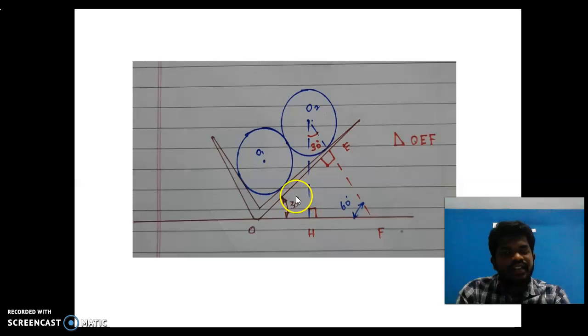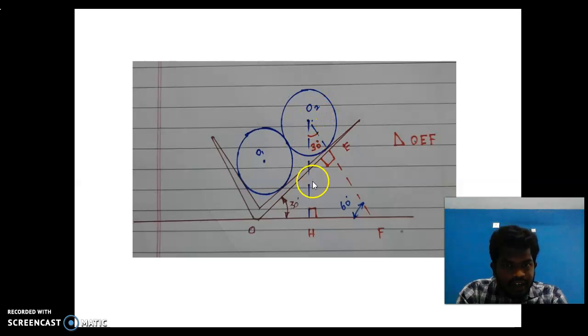Here the theta is already given. Here is 90 degrees. The summation of all the angles in a right angle triangle is equal to 180 degrees, so the remaining angle is 60 degrees. Now we form another triangle using the point O2.